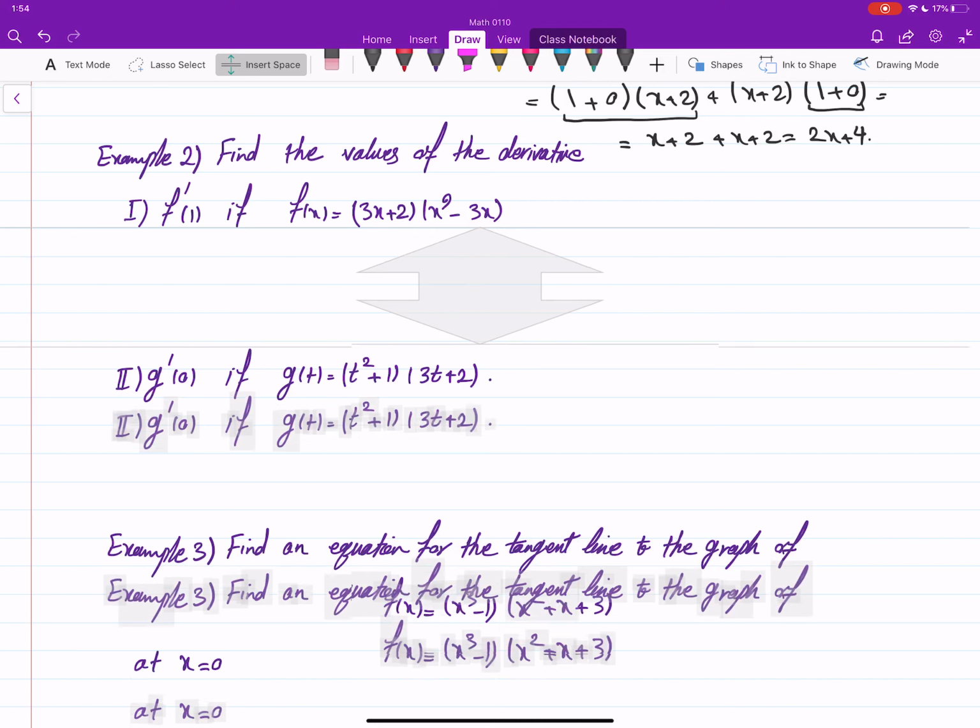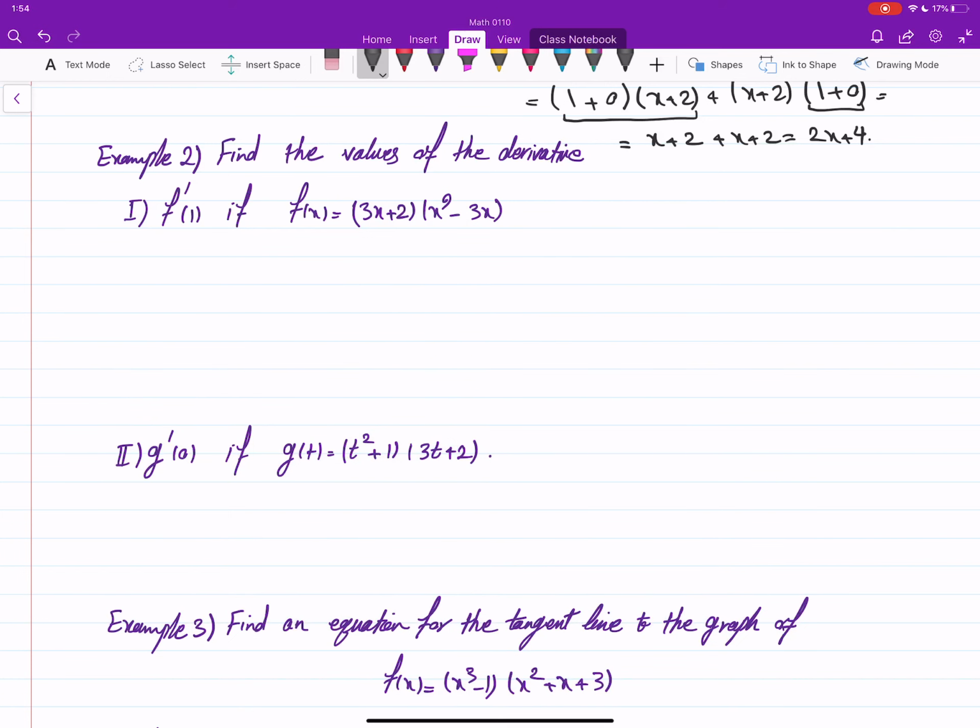Here we again compute the derivative, but we are asked to evaluate the derivative at one point. Here at 1, here at 0. It means that you have to first differentiate, find f prime, and then plug in 1 for x in the derivative.